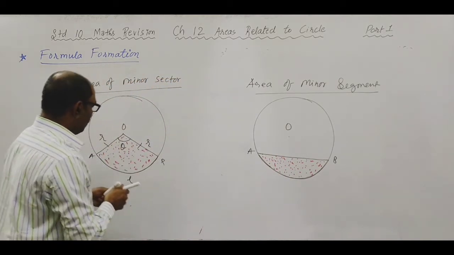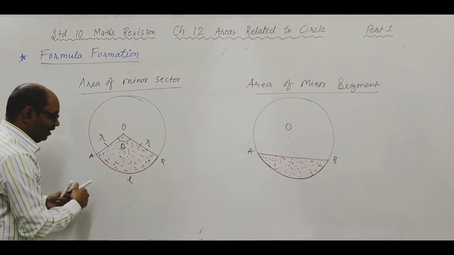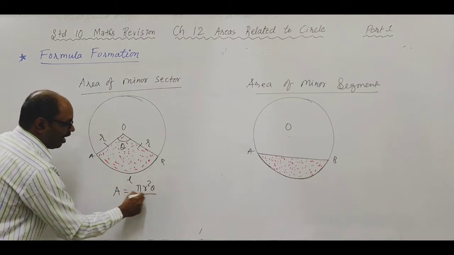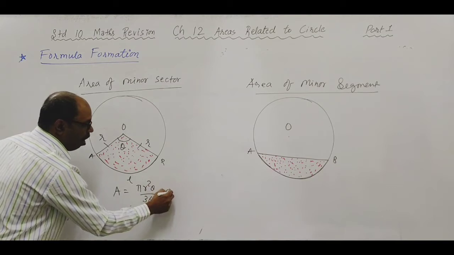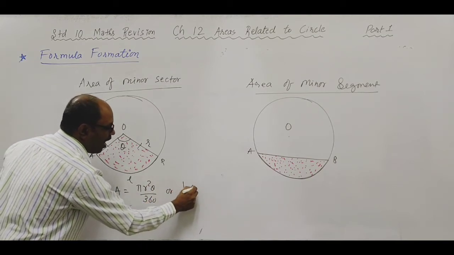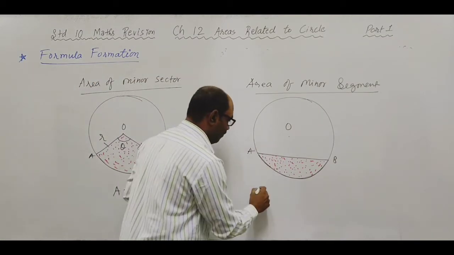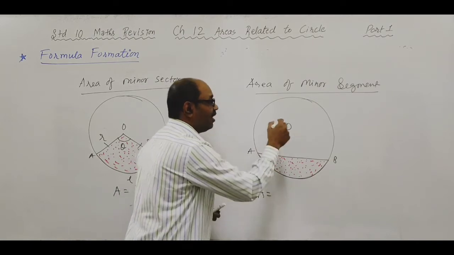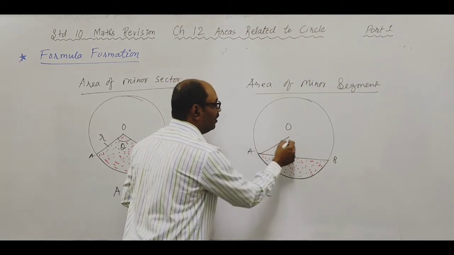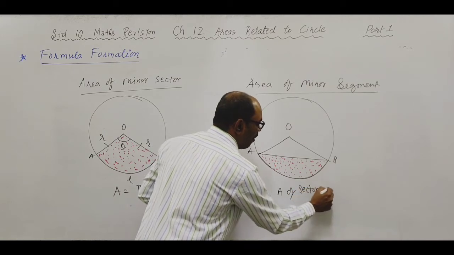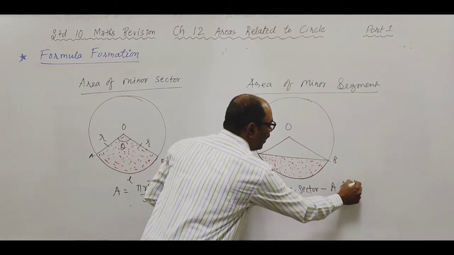Now what is a sector? Easier. Area is pi r square theta upon 360 or half L r. Segment is not easier. Area is area of sector minus area of triangle.